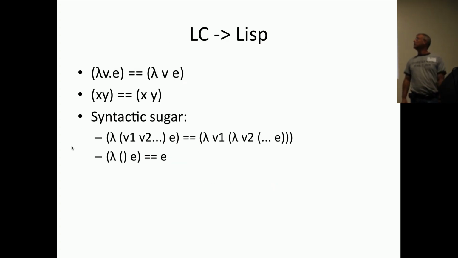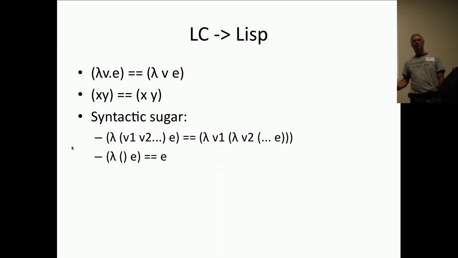Today we're going to be using slightly different syntax because this is a Lisp group, so instead of the original syntax with the dot, we're going to write lambda expressions as a list of three symbols, the first one of which is the letter lambda, and applications as a list of two symbols. I'm also going to introduce a little bit of syntactic sugar because the lambda calculus itself has only functions of one argument.